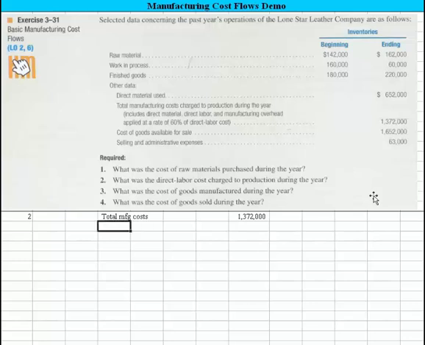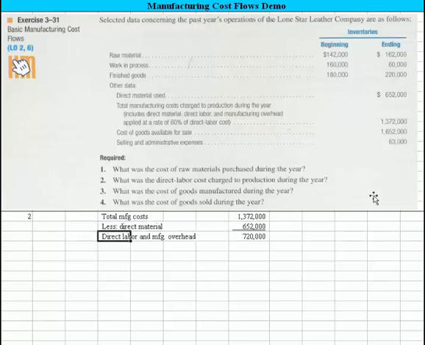And we know that less direct material was equal to the 652, because they give that in the problem. What that tells us is what's left is direct labor and manufacturing overhead. So if we take the 1,372,000 less the 652,000, we've got 720,000.